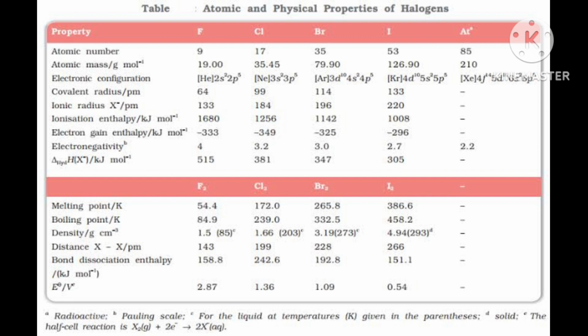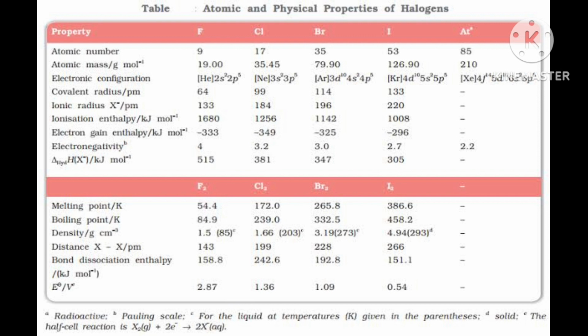Bromine is a liquid, and sometimes a question is asked, so remember: fluorine and chlorine are gases, bromine is a liquid, and iodine is a blue solid. Their melting and boiling points steadily increase with atomic number.